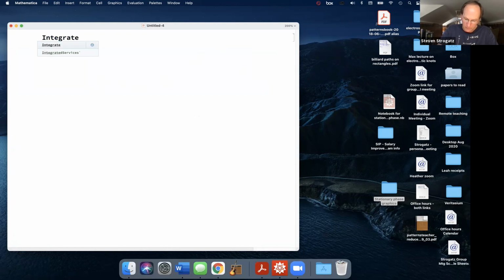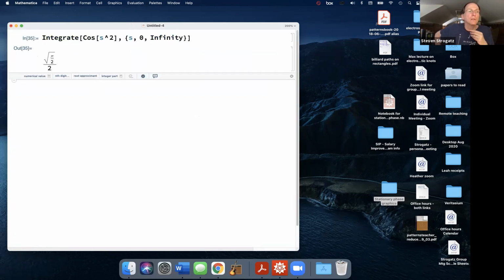Integrate. How about cosine s squared, s going from 0 to infinity. That's not what I had written.